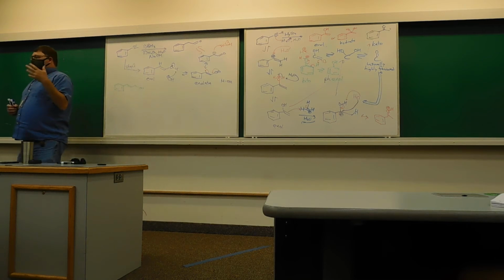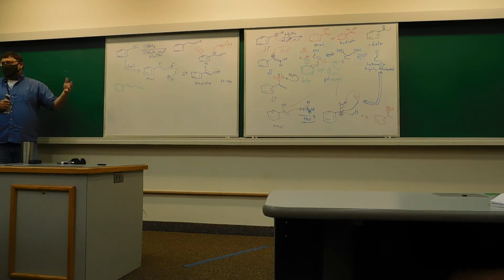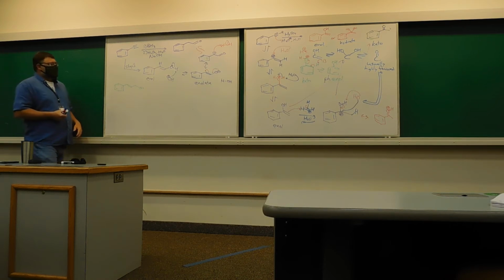It sounds like a simple thing, right? Under basic conditions, you make bases and weak acids and strong bases. Under acidic conditions, you make weak acids and bases and strong acids. It's easy enough to put in your head, but then you have to recognize what's a strong acid, what's a strong base. That can trip people up.